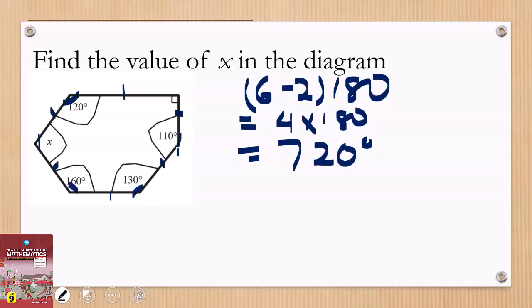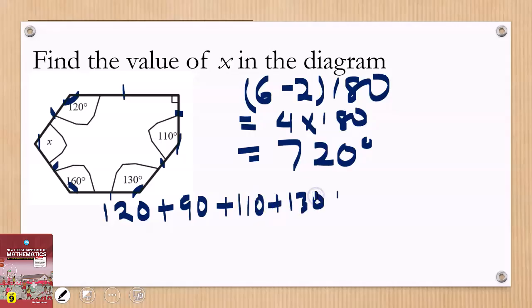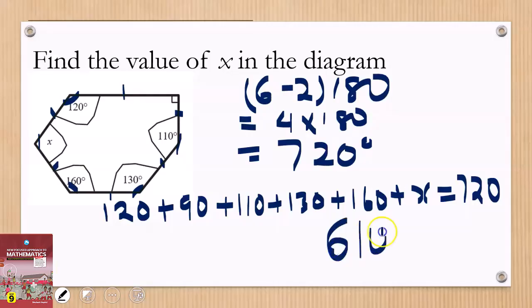So we can create an equation: 120 plus 90 plus 110 plus 130 plus 160 plus the x that we are supposed to search for, all should give us 720. Now we can do simple addition. 120 plus 90 plus 110 plus 130 plus 160 gives 610, so 610 plus x equals 720.